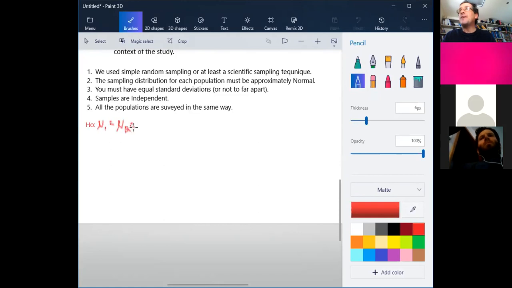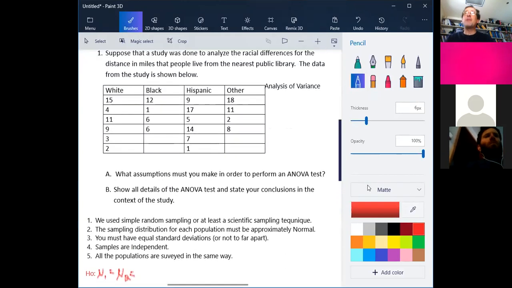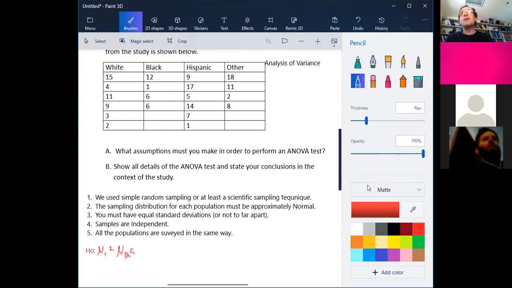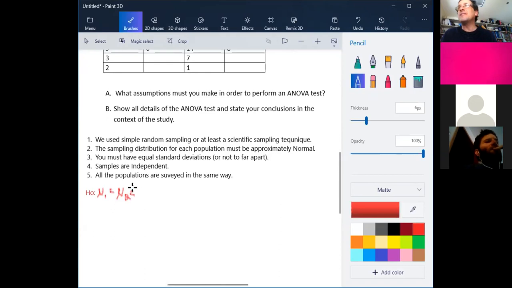How many do we have here? 4. Yeah, we had 4. We had whites, blacks, Hispanics, and other. And if you want to put mu W equals mu B equals mu H equals mu other, that's fine too. Okay, that's more a stylistic thing. Any questions on that?